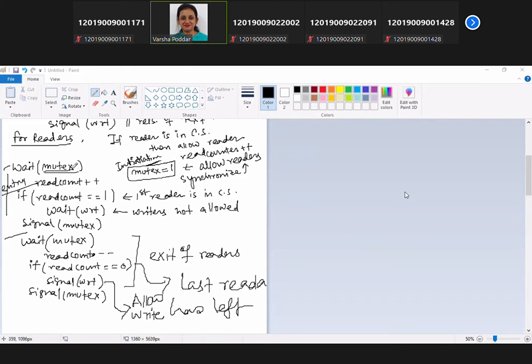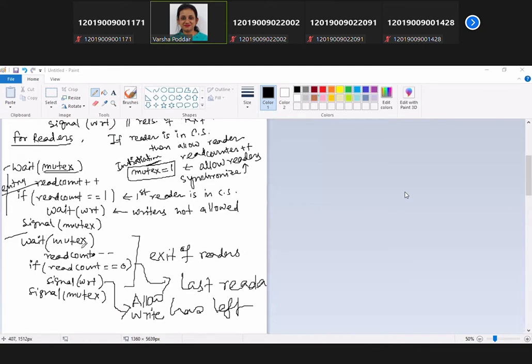Here I am entering the section. Then I am increasing the read count because a reader has entered. When the read count is at least 1, that means some reader is inside, so the writer won't be allowed. So restrict the writer. Right? So this is the reader's entry section. Then when you are releasing the reader, wait mutex, synchronizing the readers.